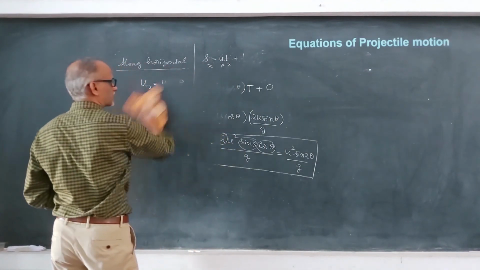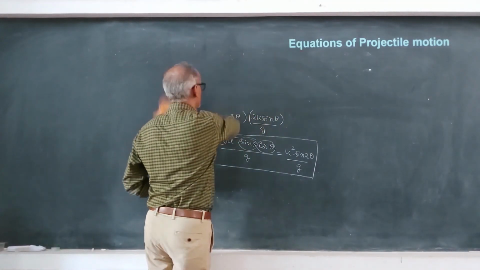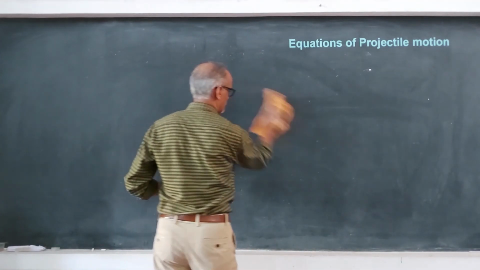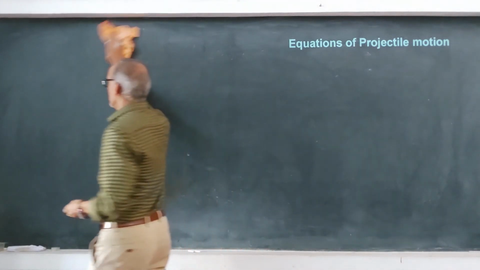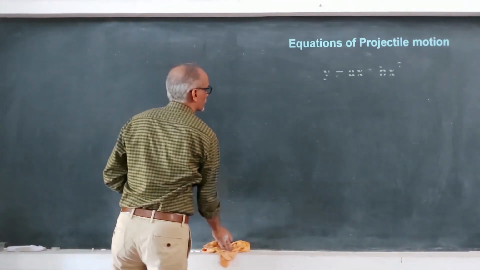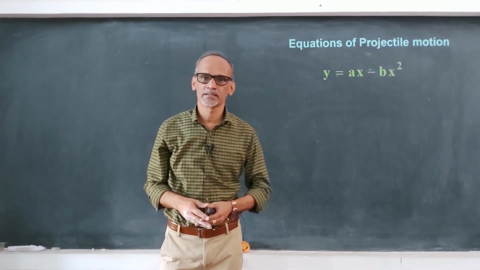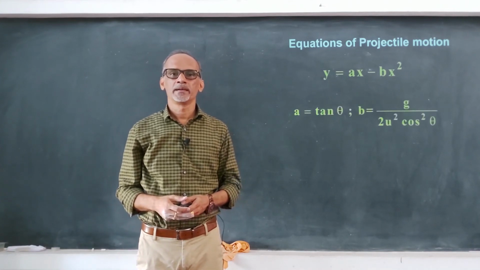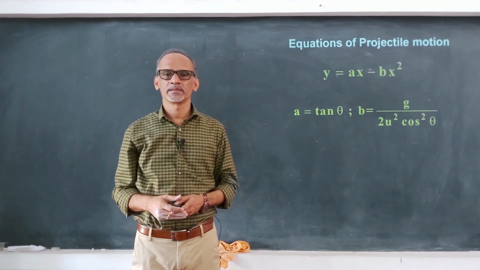So that is the third important formula. Just very quickly we will recall what I have derived in today's class, and in the next class I will solve problems based on these equations. Okay. The first one that I derived was y = ax minus bx square, where a is tan theta and b is equal to g by 2u square cos square theta.